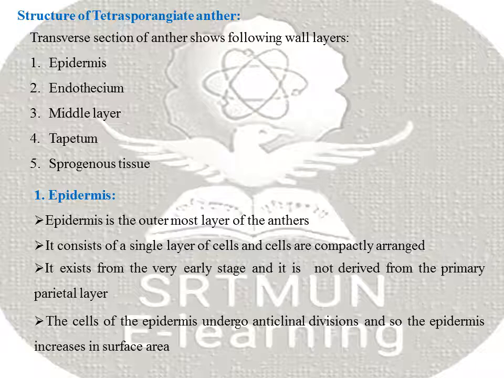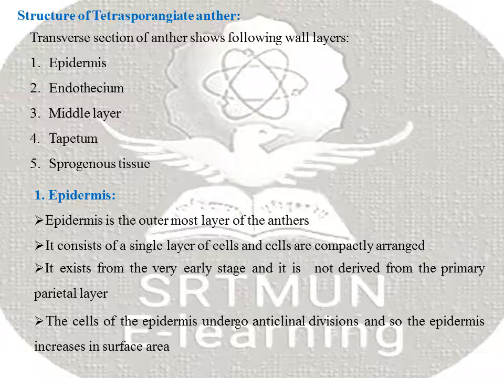Epidermis is the outermost layer of the anther. It consists of a single layer of cells, and the cells are compactly arranged. It exists from the very early stage, and it is not derived from the primary parietal layer.